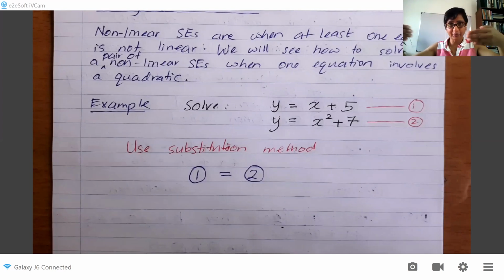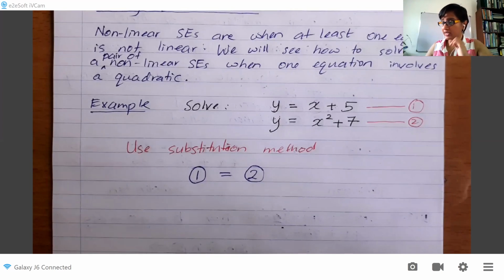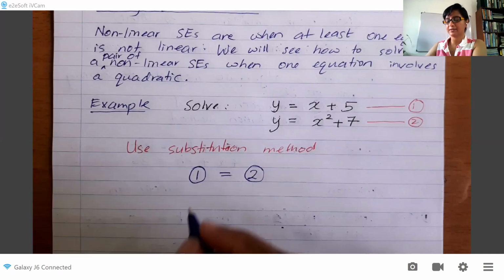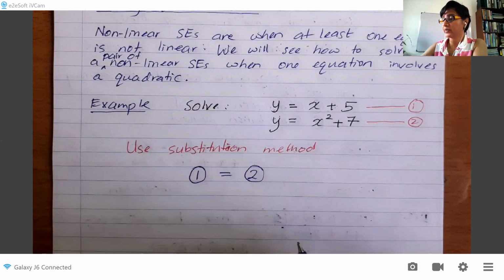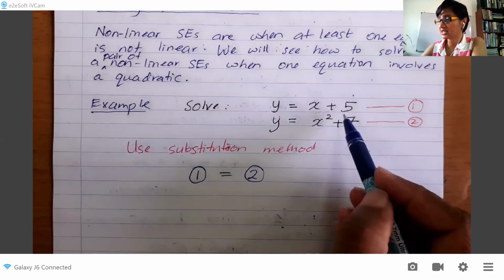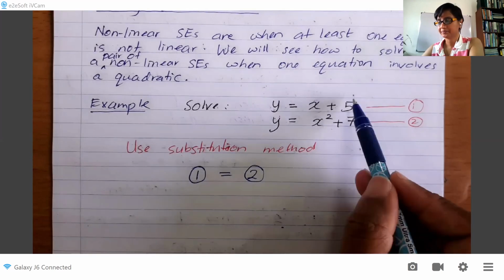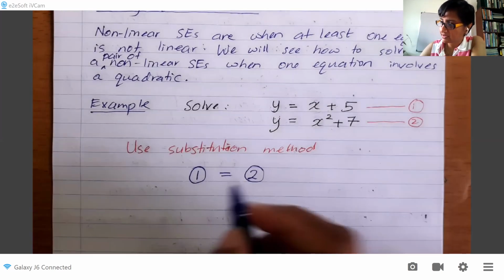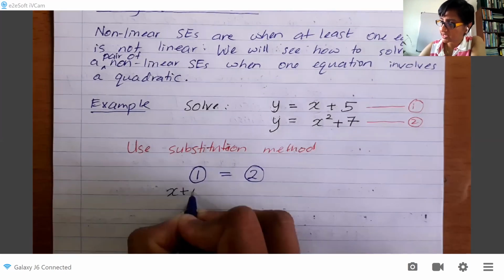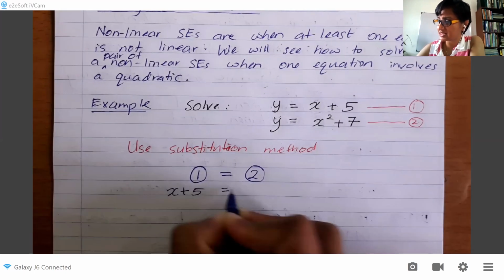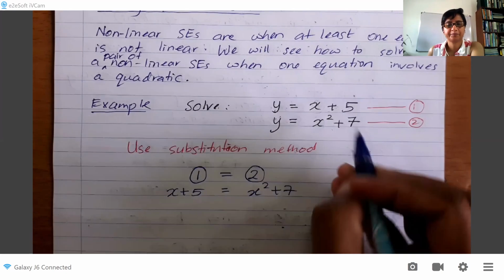I can just equate them. Here you are not equating the equations, you are equating the right hand side of the two equations. So x plus 5 is equal to x squared plus 7 because they are both equal to the same y.